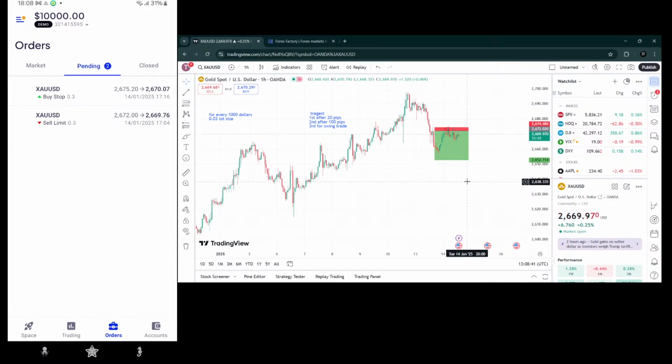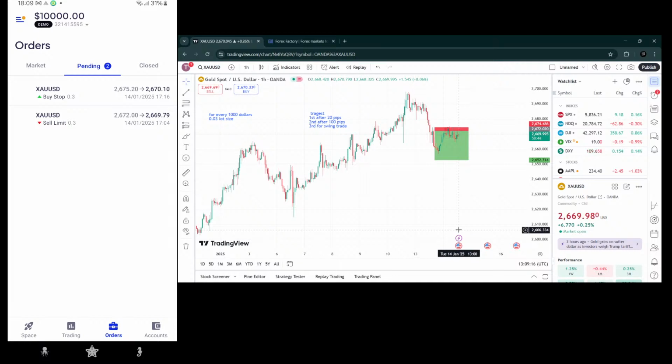Even today, if the setup doesn't go, or doesn't open our trade, you don't have to panic or be worried. It's not your day that your trade doesn't open, and you can wait for the next day. Even if you get a loss, or your SL hits, you don't have to panic.